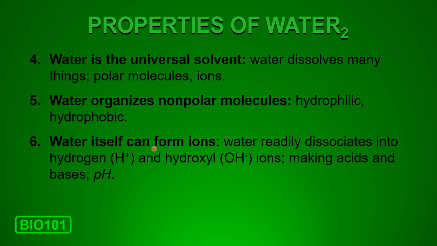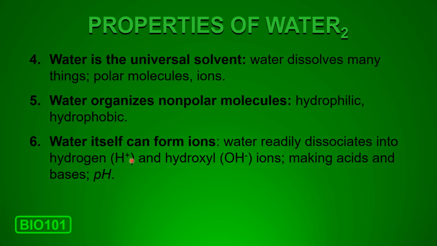And water itself can form ions. Remember, water is H2O, so you can have one of those hydrogens dissociate from the oxygen, so that you have a freestanding hydrogen ion and an OH, which we call a hydroxyl ion. It has a net negative charge, because oxygen is bigger than hydrogen, and then you have that little hydrogen over here with its net positive charge.